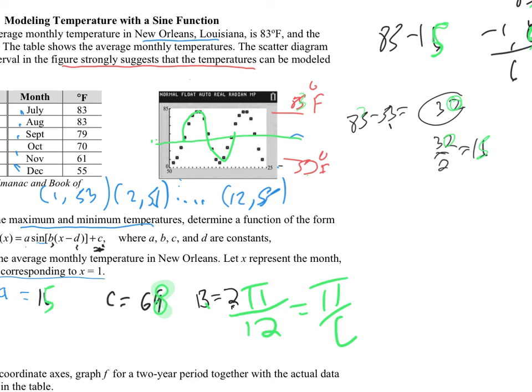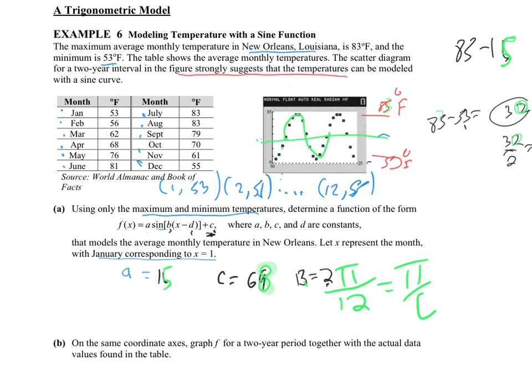Each of those dots represents a month. So it's 1, 2, 3, 4 months. I'm shifting 4 months, and I shifted it to the right. So shifting to the right means D is going to be a plain 4.